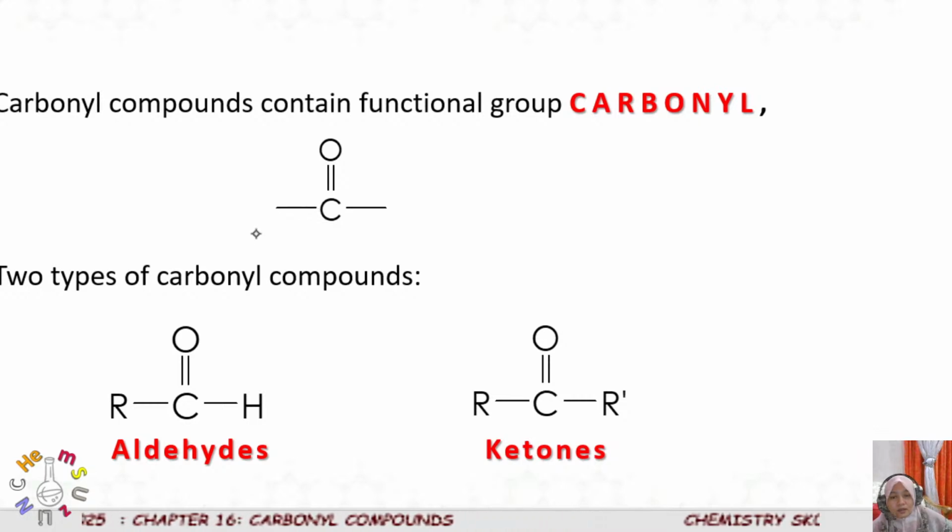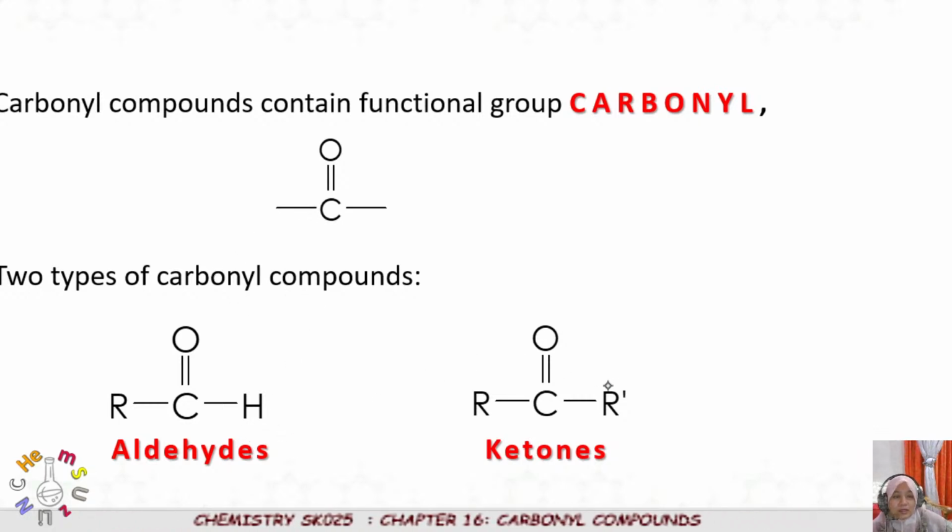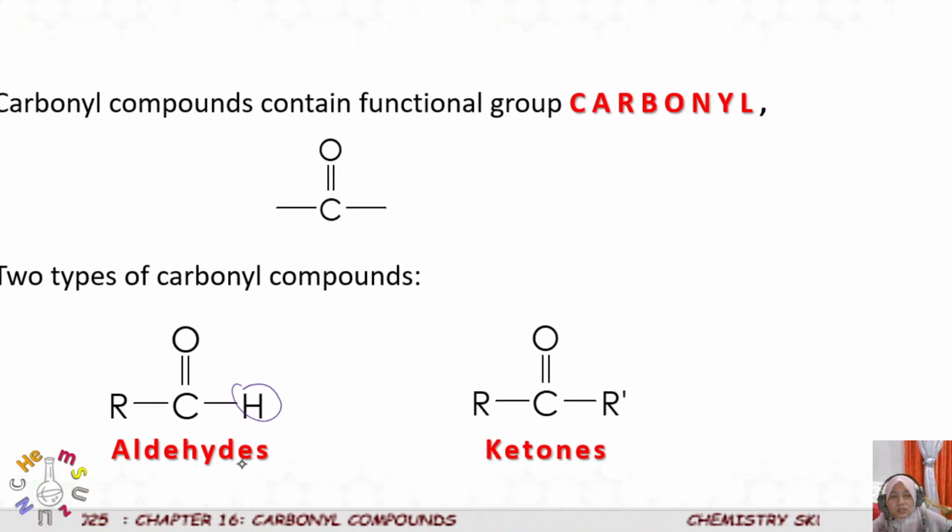There are two types of carbonyl compound: one is aldehyde and the other is ketone. How do we know which is which? For an aldehyde, we have C double bond O with a hydrogen attached. If it is a ketone, we have an alkyl group attached to the C double bond O, and at the other end, another alkyl group.